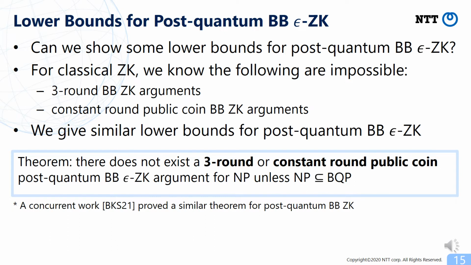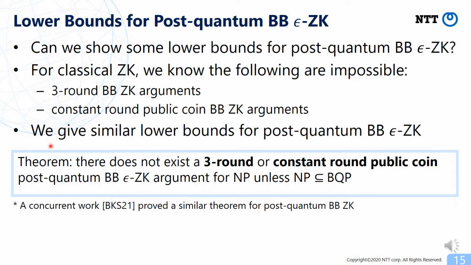Then the next natural question is if there are some lower bounds for post-quantum black box epsilon zero-knowledge. And for classical zero-knowledge, we know several impossibility results like 3-round black box zero-knowledge and constant round public coin black box zero-knowledge. And we give similar lower bounds for post-quantum black box epsilon zero-knowledge.